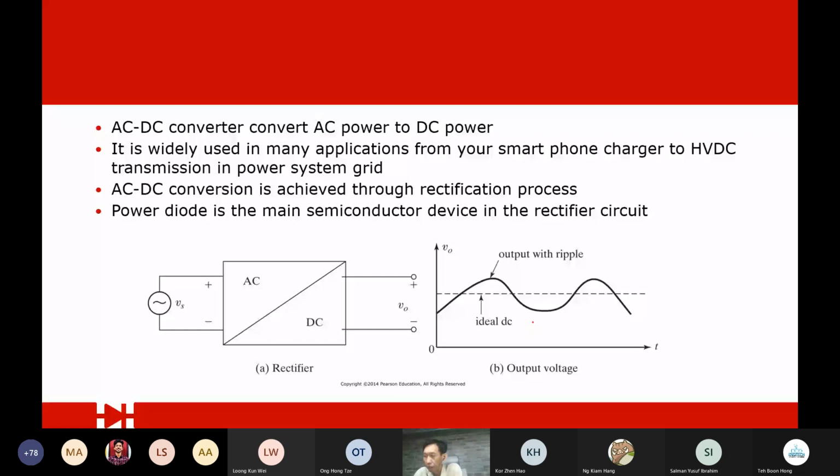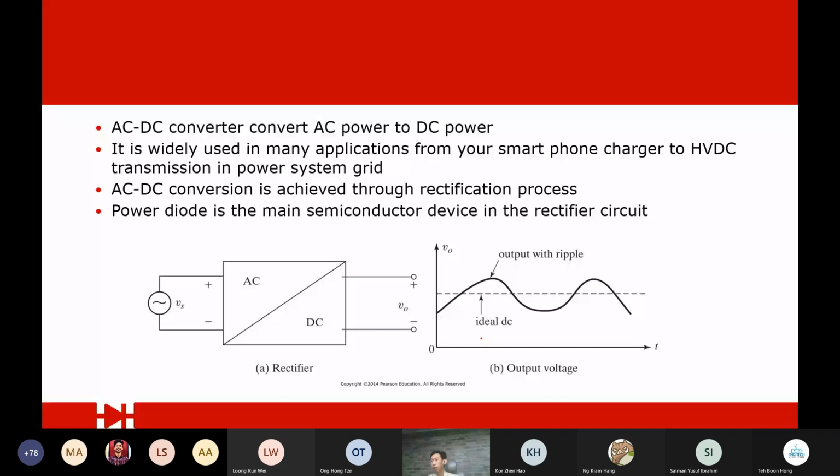Therefore we require an AC to DC converter. It is basically done by a rectifier, which consists of a semiconductor diode, thyristor, or transistor. We will look into all these different variations.